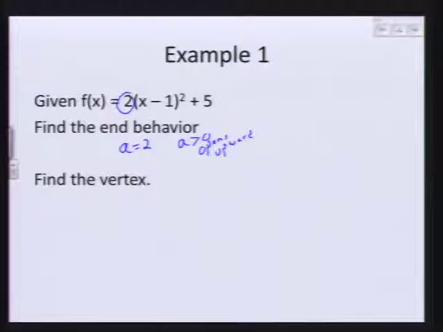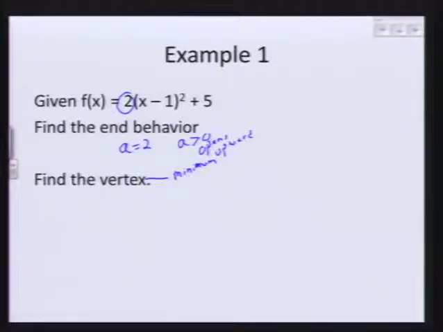Okay? It also means, remember, that tells us something about our vertex. It also tells us, before we even find our vertex, since the parabola opens upward, that our vertex is going to be a minimum. All right, so our vertex will be a minimum. Let me make that look like an M there.